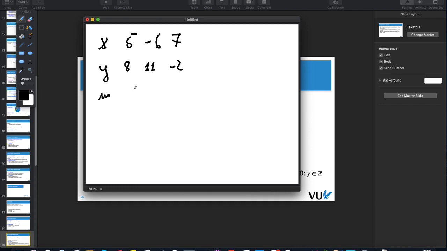I sample a mask. What does it mean? It means that only here we will change, because now we multiply m times x. It's 5, minus 6, 0.